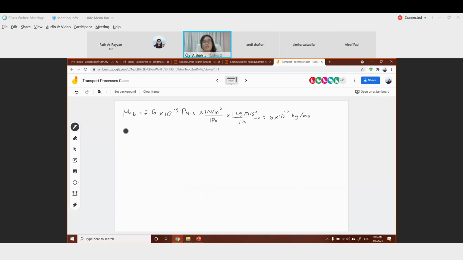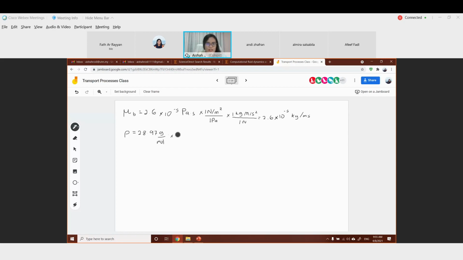So using the ideal gas law, PV over nRT, we can calculate the density using the molecular weight of air. If it's in the exam, I believe this should be given. The molecular weight of air is 28.97, but this is pretty common.